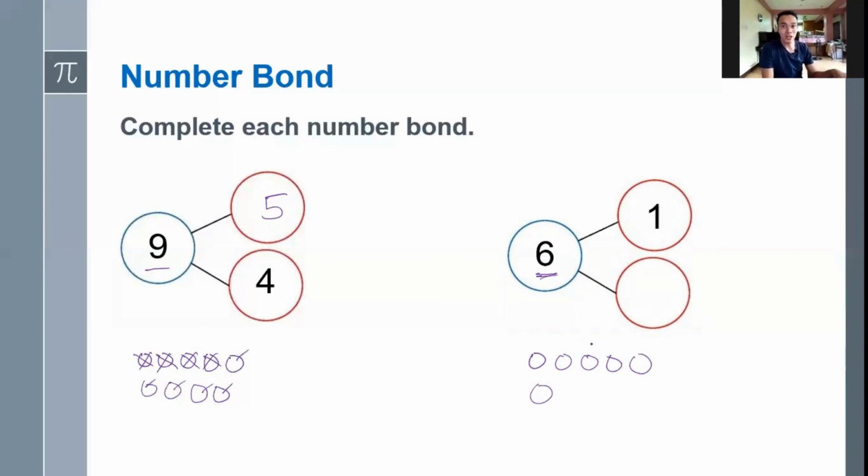And how many circles are we going to cross out? 1 circle. Cross out 1 circle and count the number of circles left. 1, 2, 3, 4, 5. 5 circles are not crossed out, so we write here 5. 1 and 5 make 6.